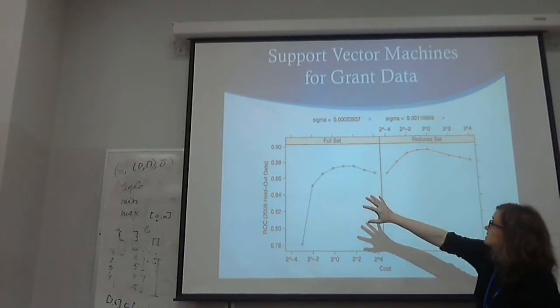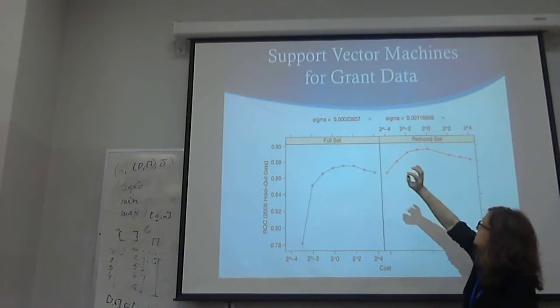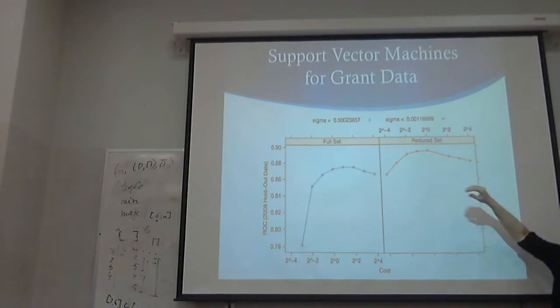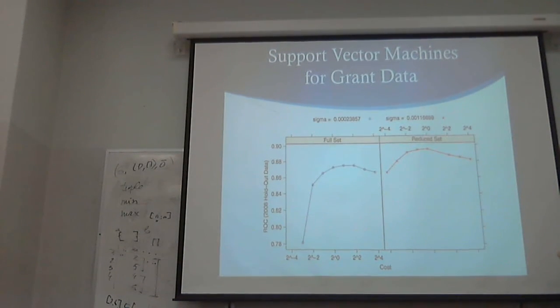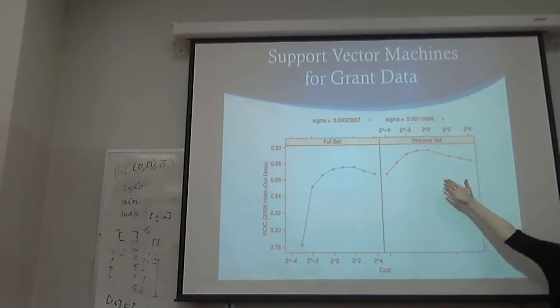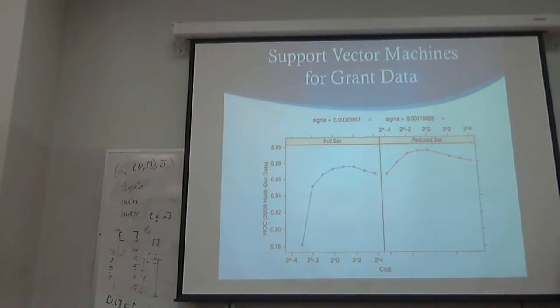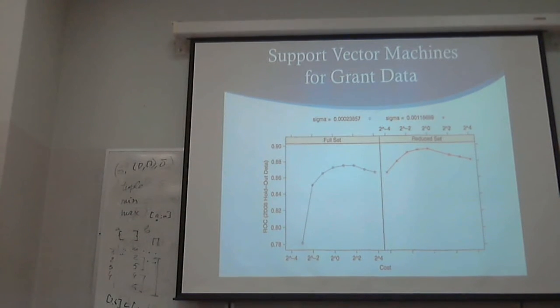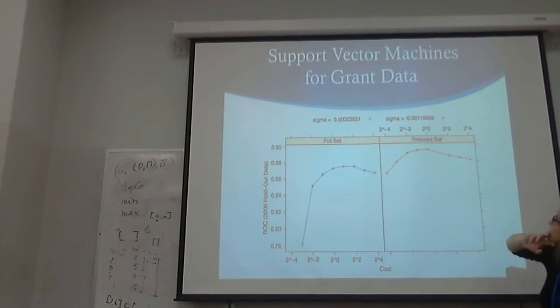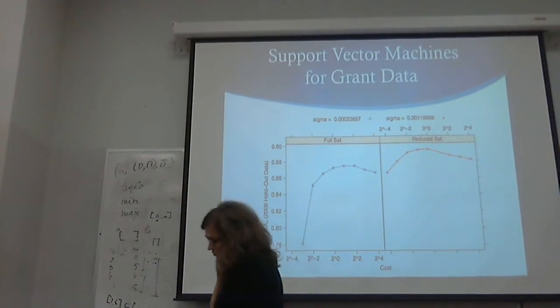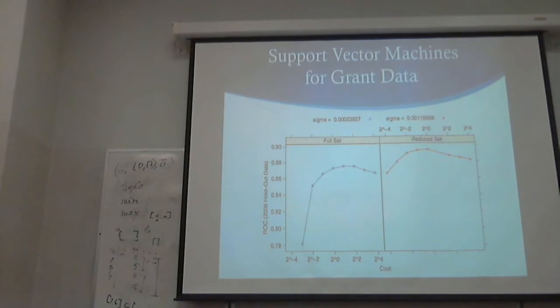The full set is 1,800 predictors, the reduced set 252 predictors. And you see that the reduced set actually achieves better performance even than using the whole set of predictors. This is the cost parameter, and this is the tuning plot for the support vector machine radial kernel.